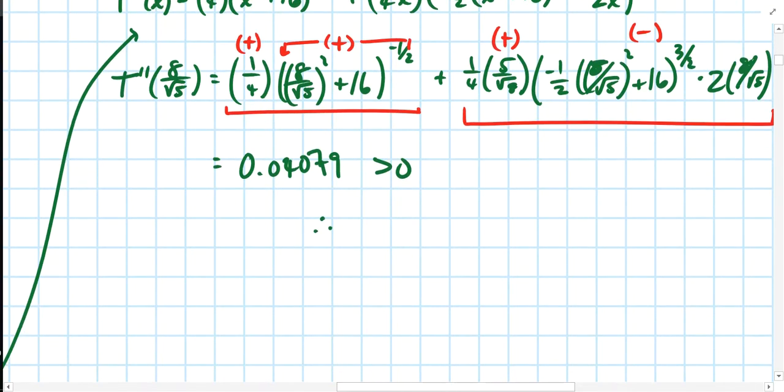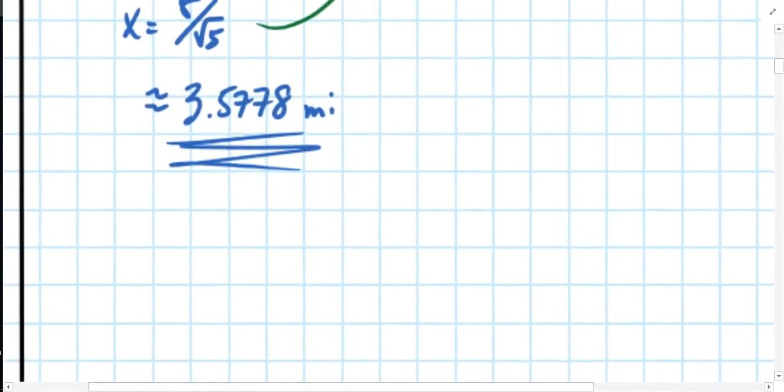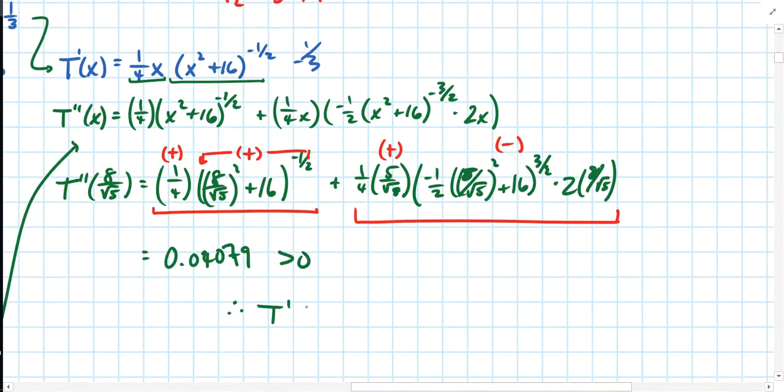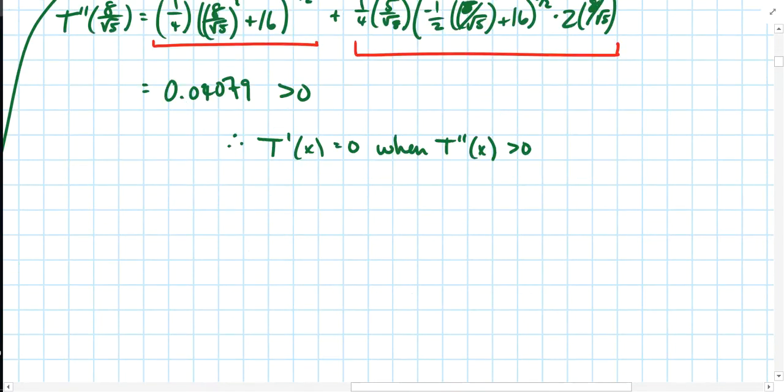Therefore, when the first derivative is 0, our T prime was 0, therefore T prime was equal to 0 when T double prime was greater than 0. So we've got a flat spot in the graph that is concave up.